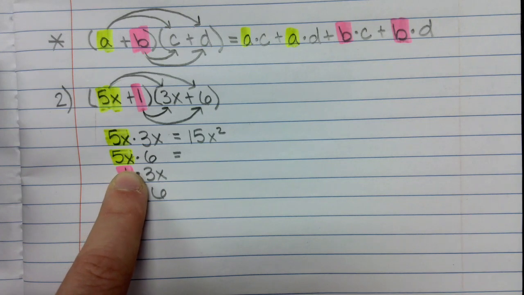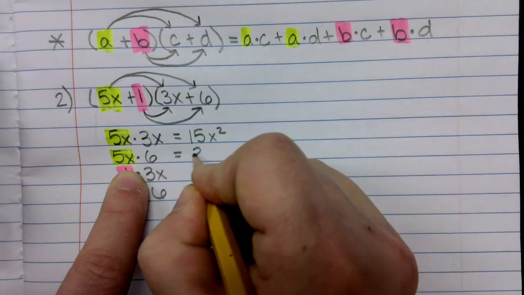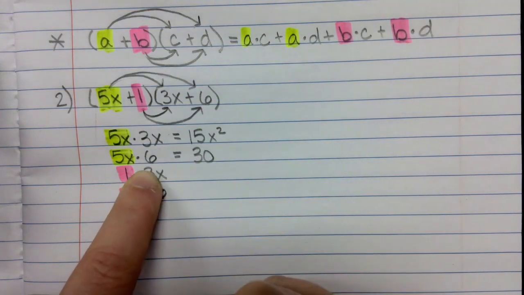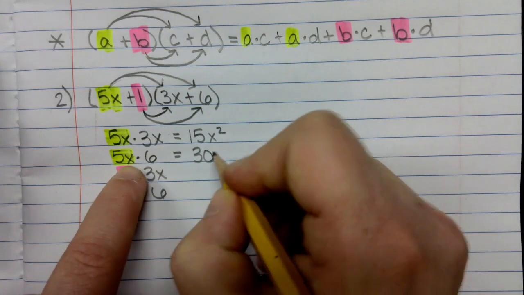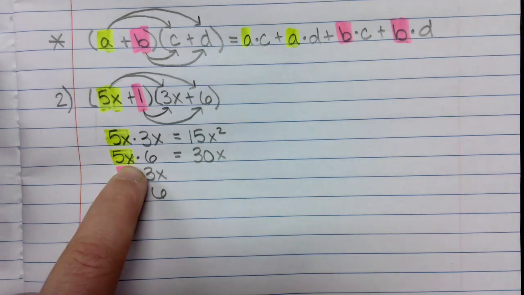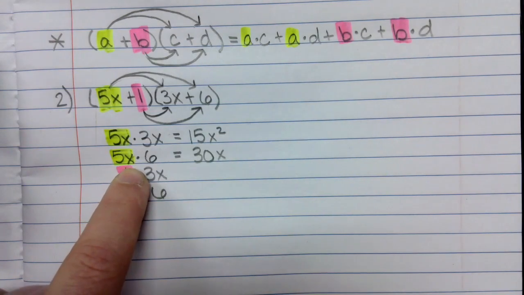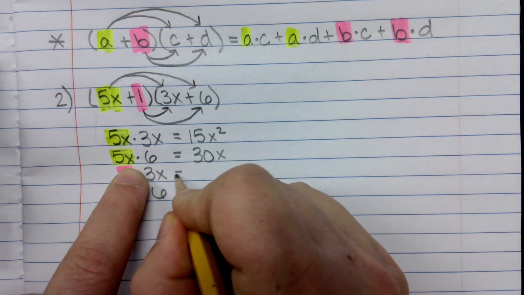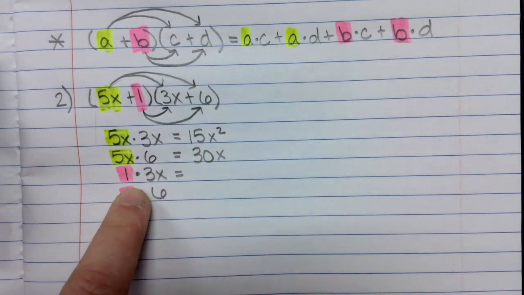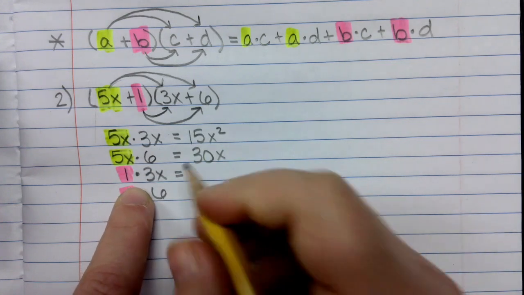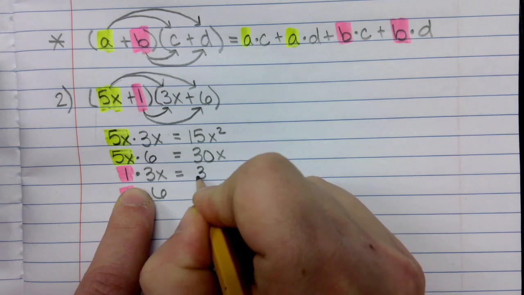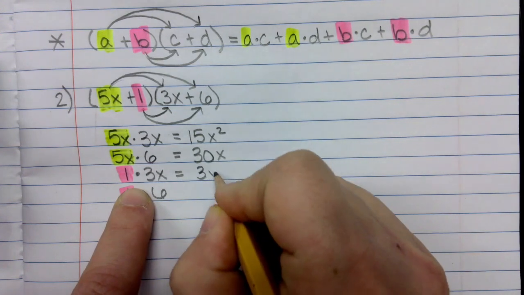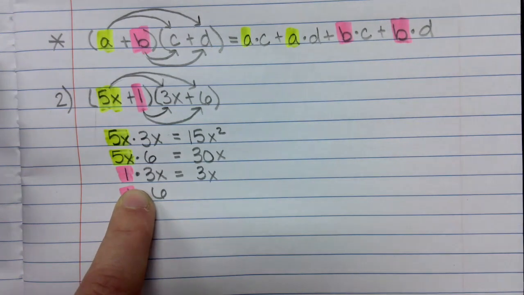And how many x's are there? Just that first x with that 5x, so 30x. One times 3x, 3x, and 1 times 6, 6.